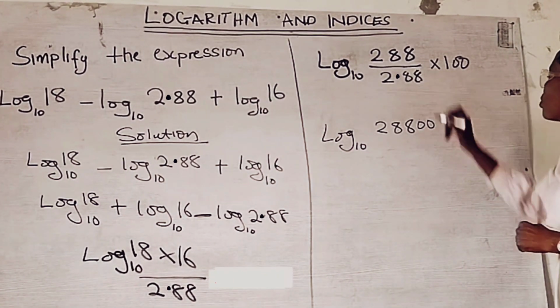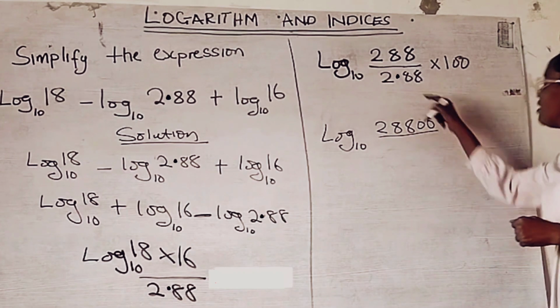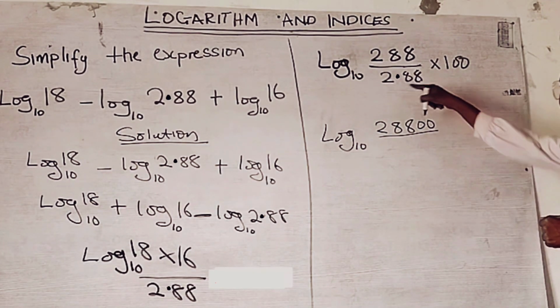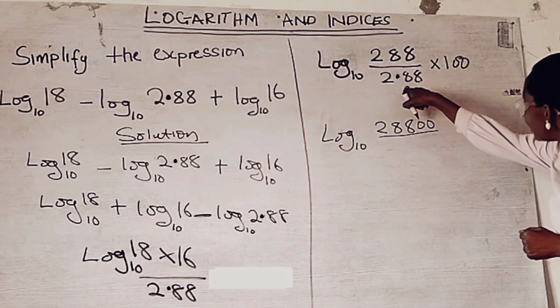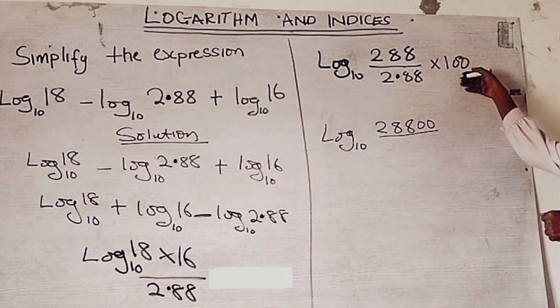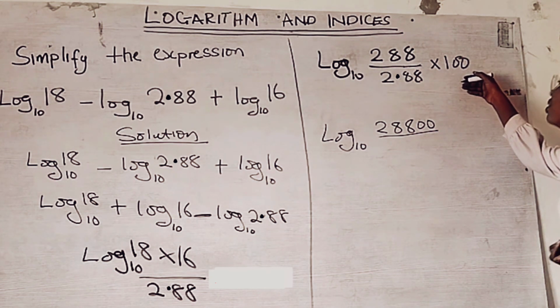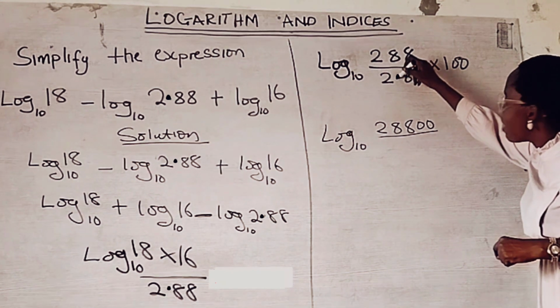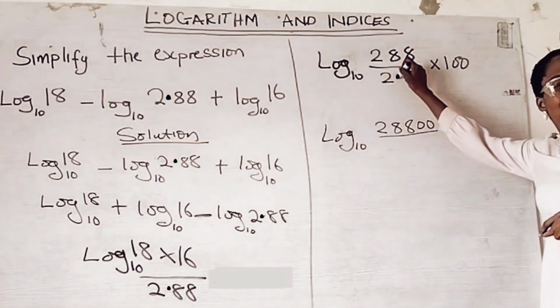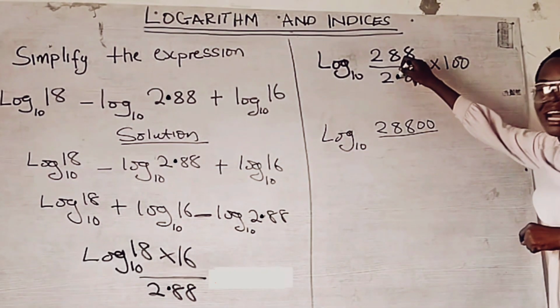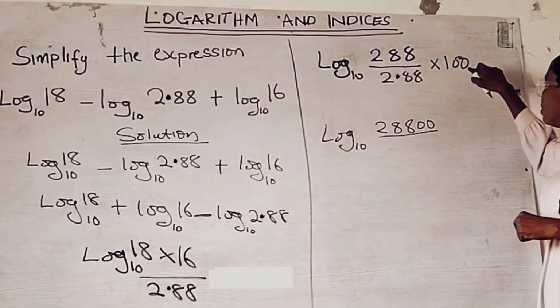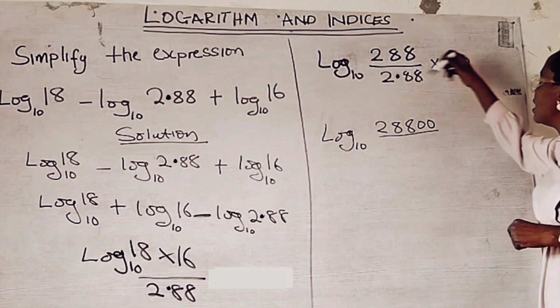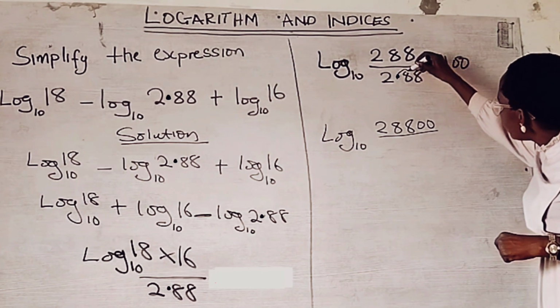What shall be the next one? I come to this one and I say, how many zeros in 100? Still two zeros. So I'll start from this decimal point and I'll count 2 times because there are 2 zeros in this 100. I'll count 1, 2.